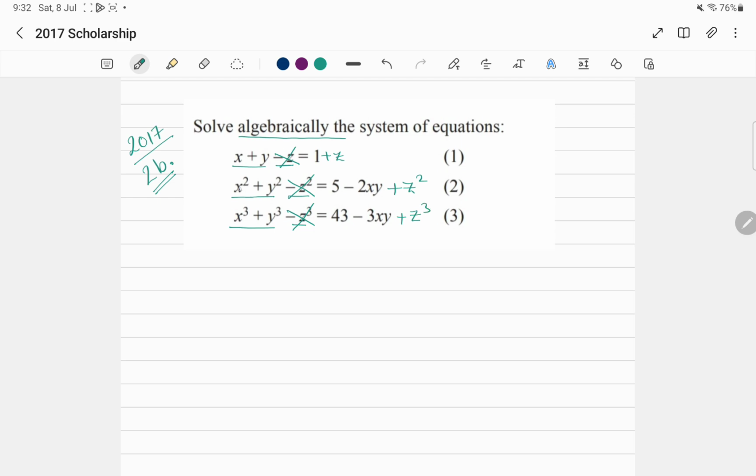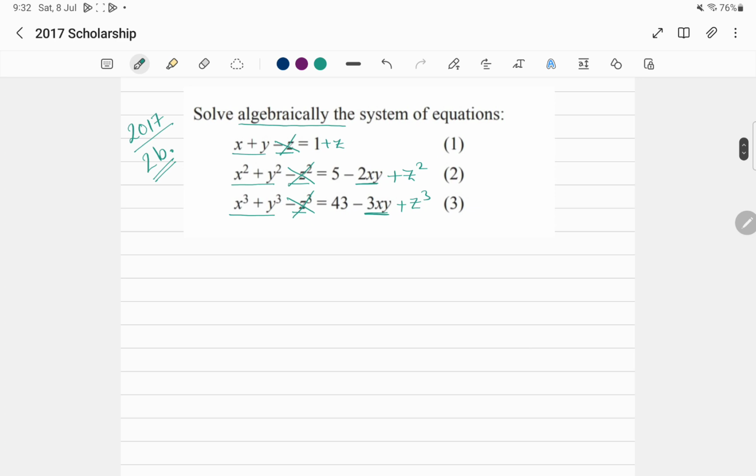Another thing I can see is if it is x squared, y squared, it is 2xy here, and with the cubes it is 3xy here. So this gives me an idea that it could be a whole square thing. So here if I say x plus y is equal to 1 plus z, and I square both the sides, I will get x plus y whole square equals 1 plus z whole square.